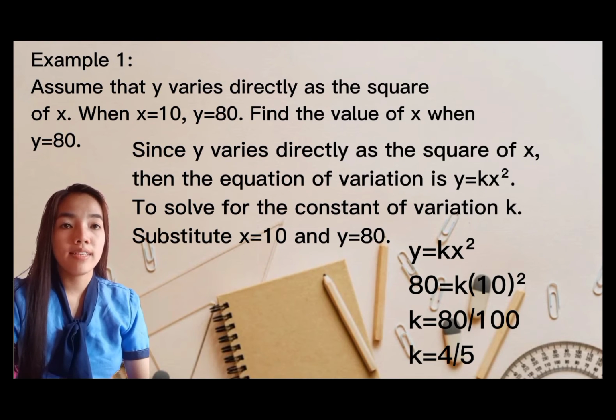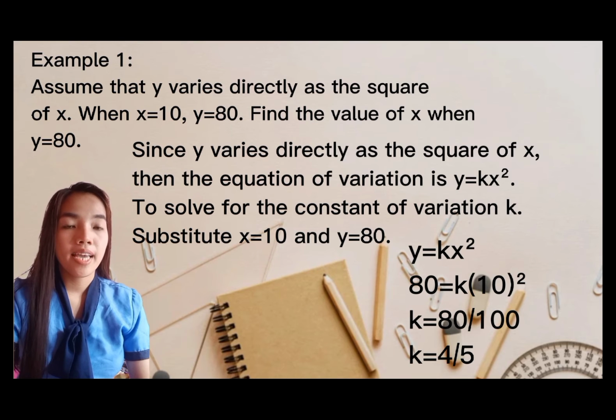The value of y is 80, so 80 is equal to k. The value of x is 10, k times 10 squared. So k is equal to 80 over 100. 80 divided by 100 is 4 over 5.